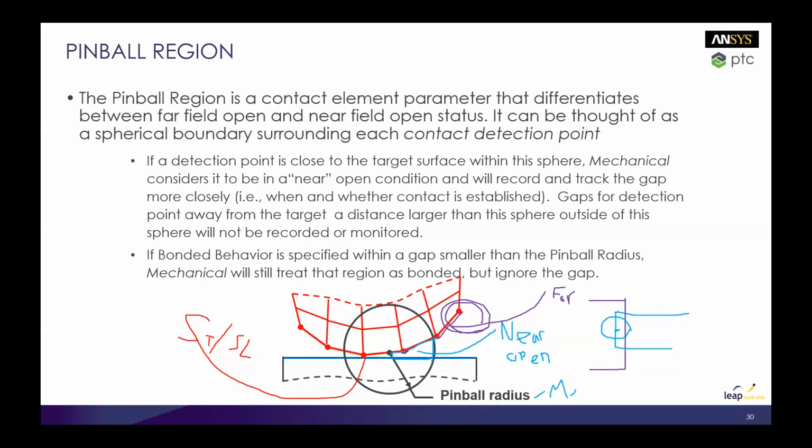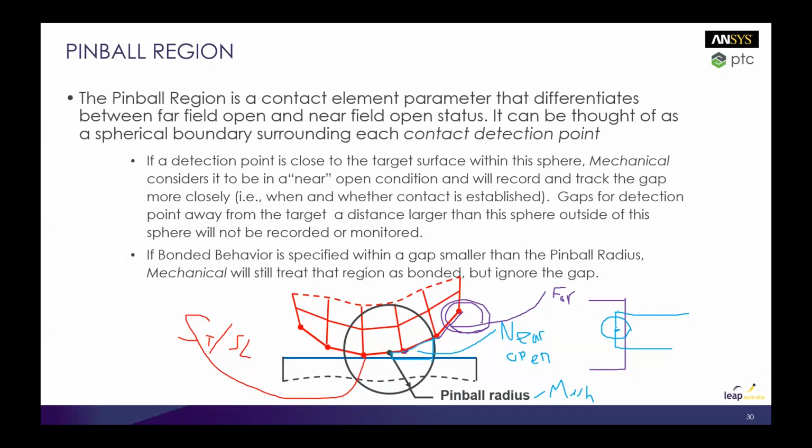By default, pinball is based off the mesh size. So if you refine your mesh, you can suddenly find that your bonded contacts stop functioning. Or if you've got an interference fit, you suddenly find that your parts don't transfer load if you're ignoring the gap. If you're resolving interference, the interference doesn't get resolved.